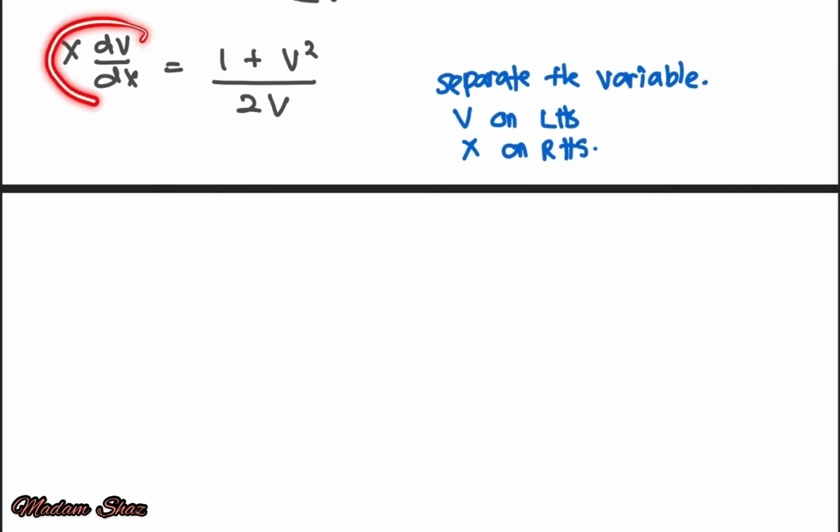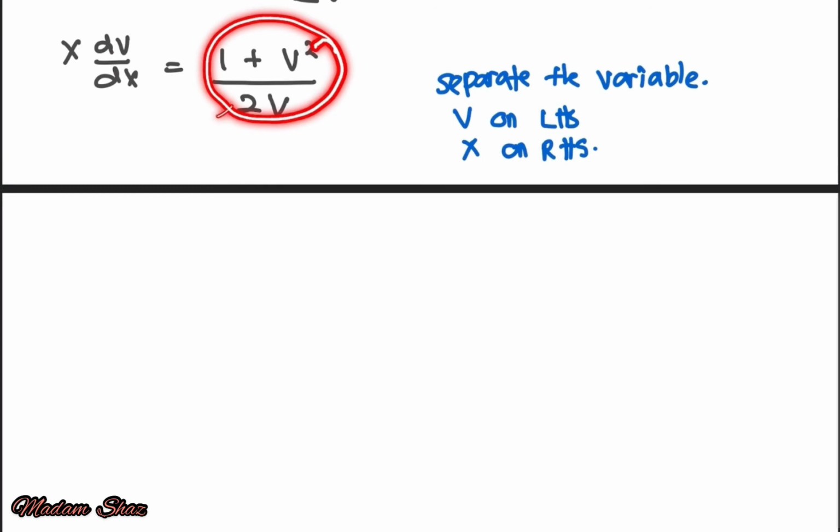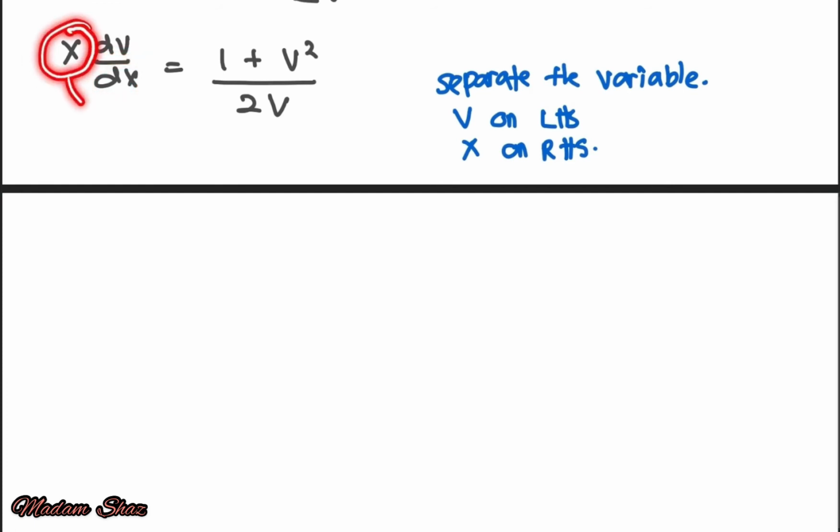So you have x dv over dx. You have to move x and dx to the right hand side, and the whole thing that you have on the right hand side, we have to move it to the left hand side. Okay, so we move x and dx first. x is multiplied on the left hand side; when we move it to the right hand side, it will become divide. dx is divide; when we move it to the right hand side, it will become multiply. 1 over x dx.